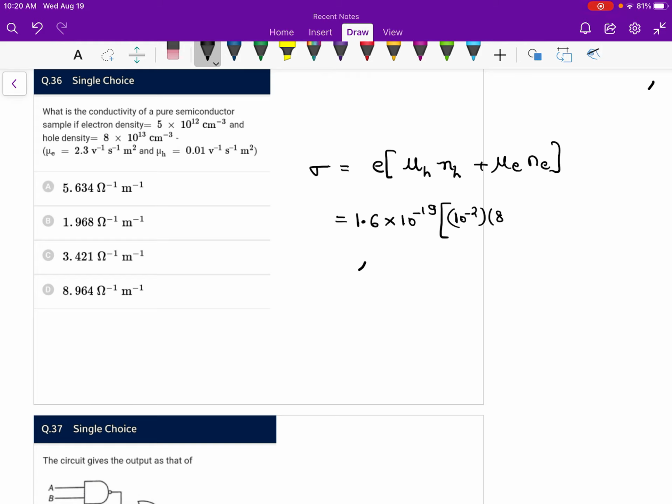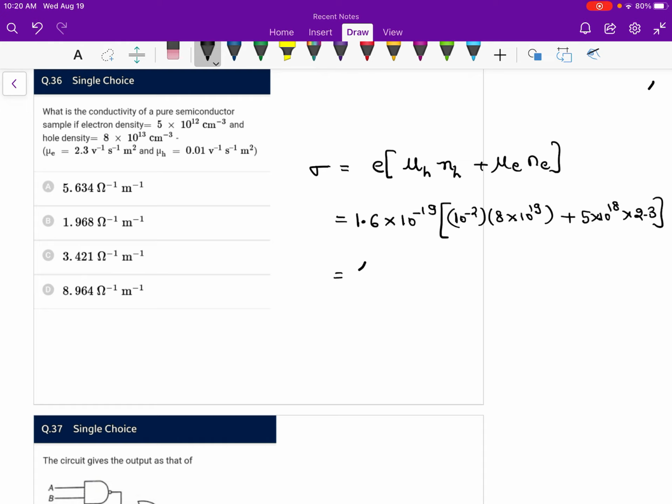So per meter cube, this will become 8 into 10 to the power 19. Plus mu e, which is 5 into 10 to the power 18 in SI units, into 2.3.